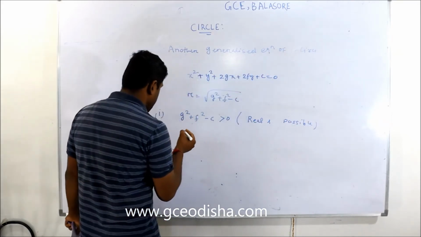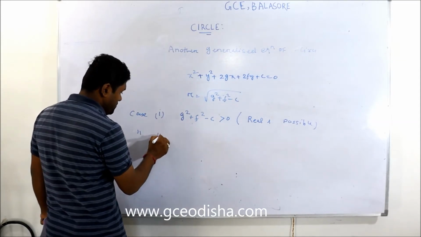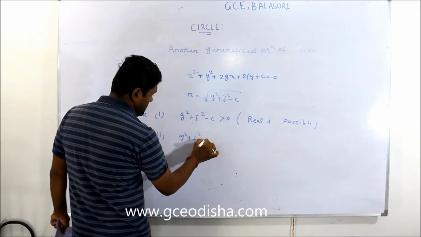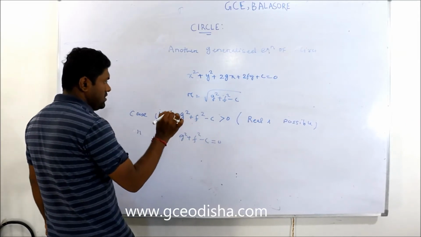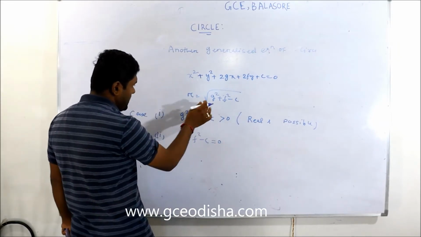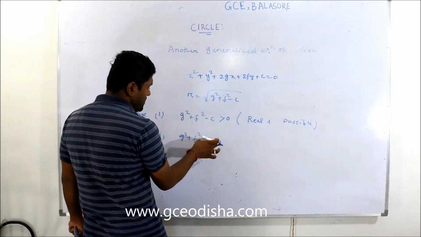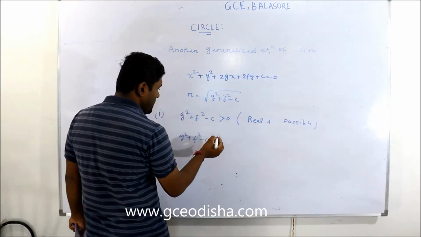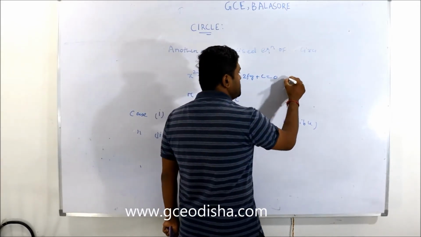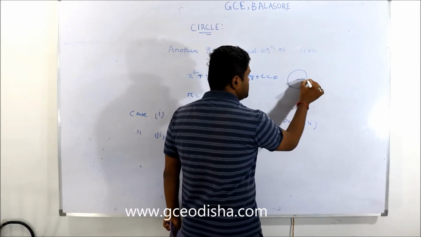In case 2, when g square plus f square minus c is equal to 0, then what does r become? r becomes 0. R becoming 0 generally means that, in a circle, this is the radius.